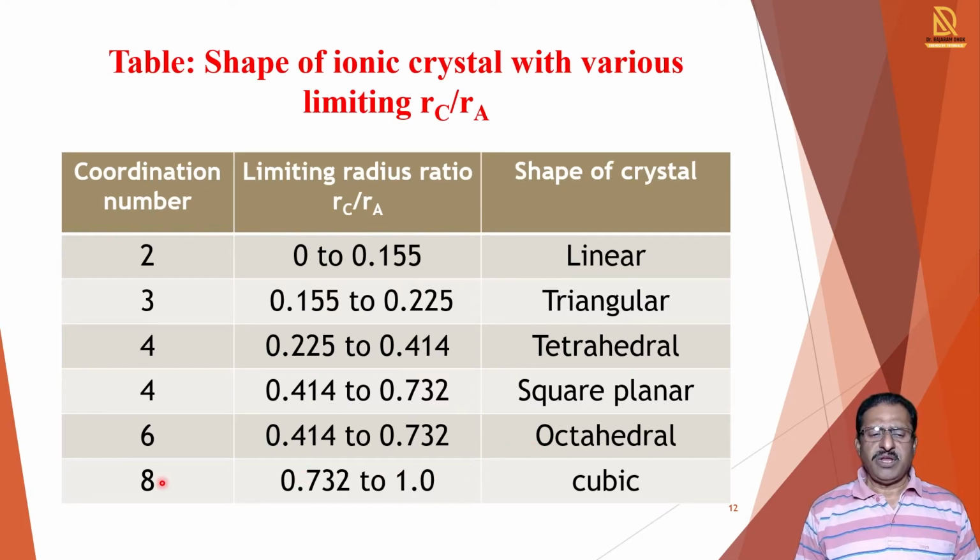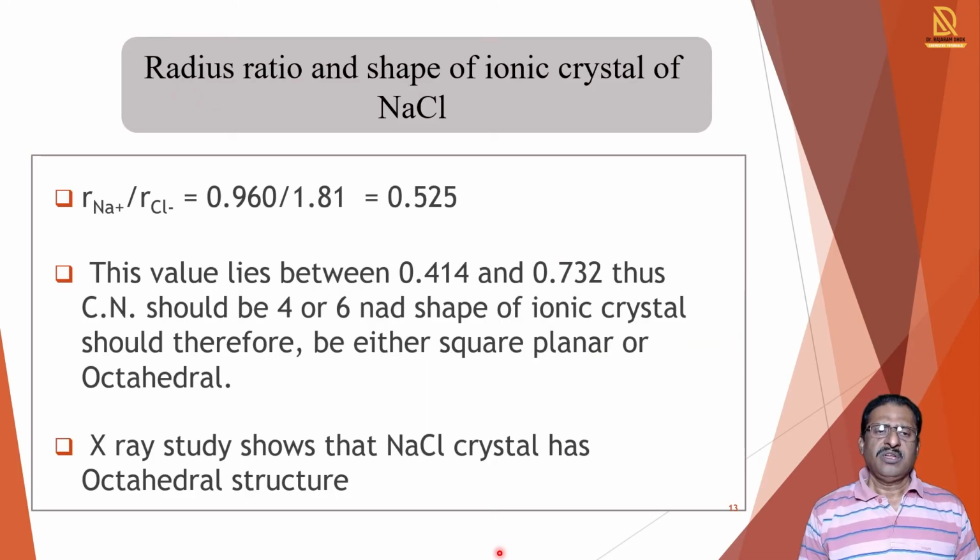Then coordination number 8, here the limiting radius ratio is 0.73 to 1, and the shape is cubic. So remember, for every coordination number, what the limiting radius ratio is, and for the corresponding limiting radius ratio, what the shape of that crystal is.